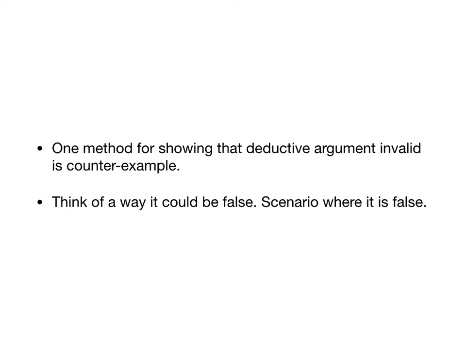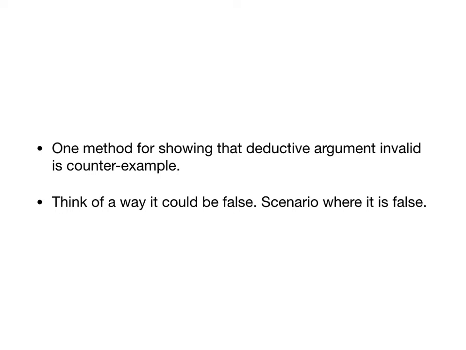So one method for showing that a deductive argument is invalid is the method of counterexample. Think of a way the argument could be false, a scenario or a situation where the argument is in fact false.